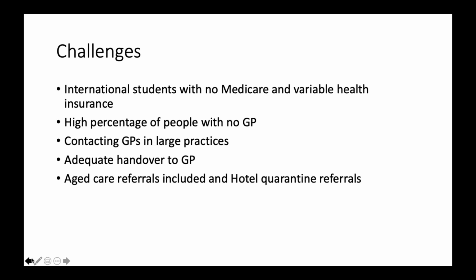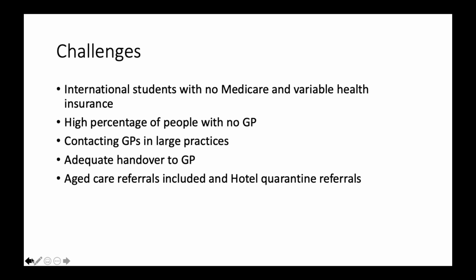What have our challenges been? We've had a lot of international students who have no Medicare and variable health insurance, so often don't have health insurance for primary care. We've had a very high percentage of people with no GP, both international students and young people who don't have a GP. Linking people to care in general practices has been challenging. As we all know, a lot of GPs are part-time.